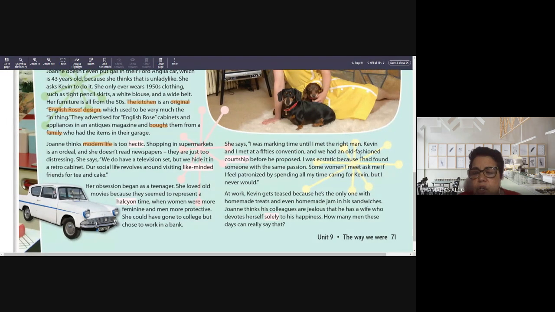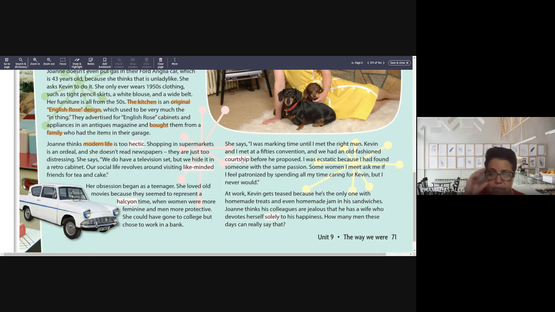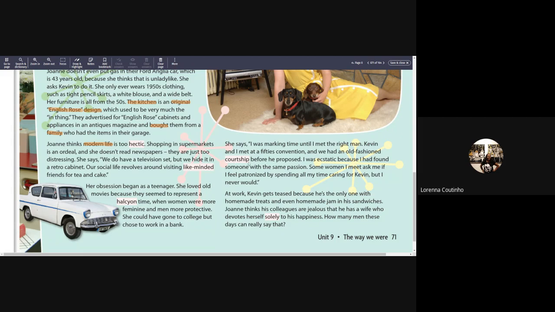So here, we had an old-fashioned courtship before he proposed. What is courtship? I don't know. Courtship. It is like relacionamento.